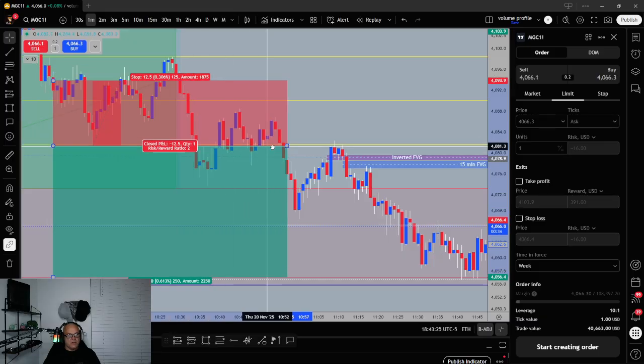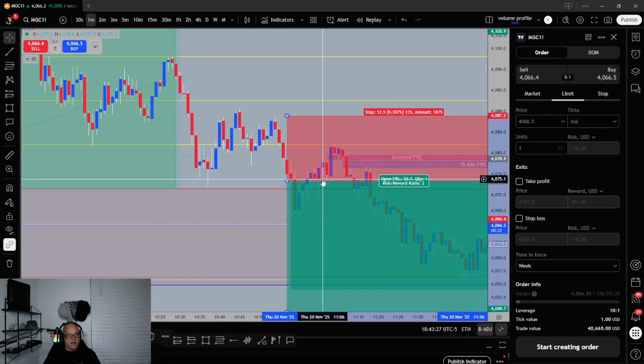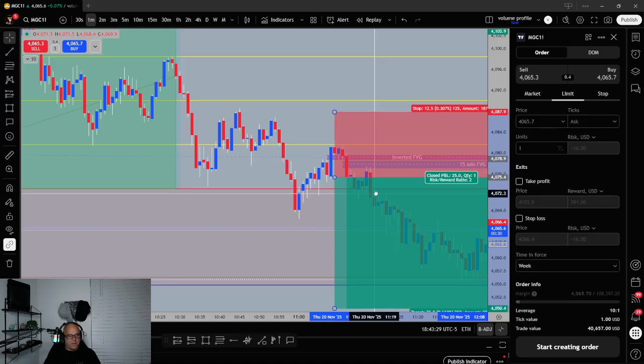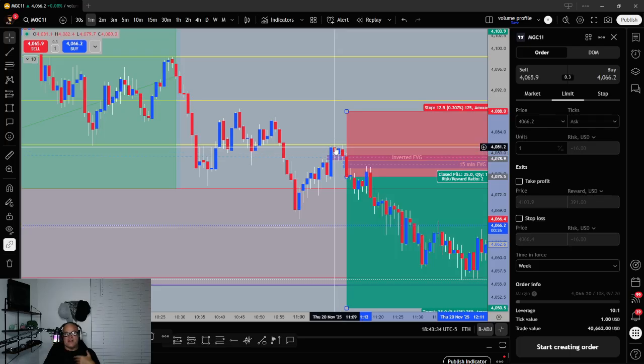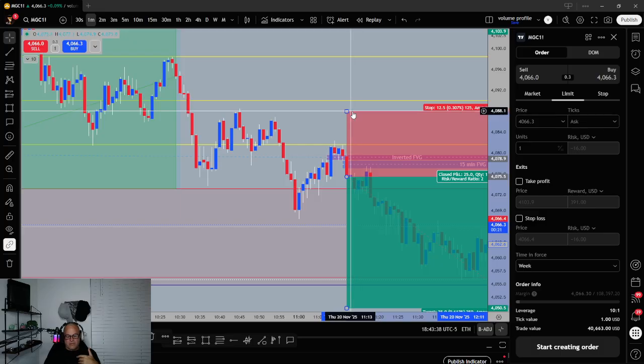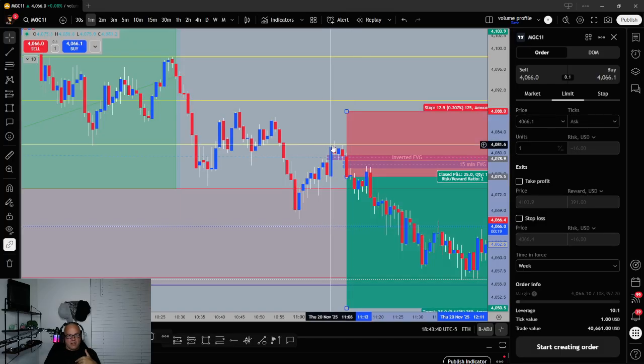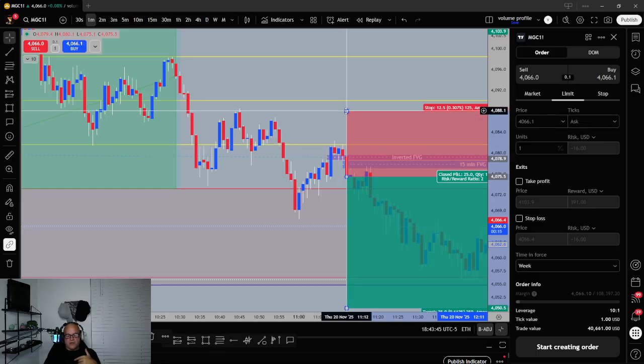What this is going to do, because basically when I enter the trade here, okay, on this candle here, I can already see that my stop is too high. I want to see this 25% level hold, and I don't want to lose any more money.